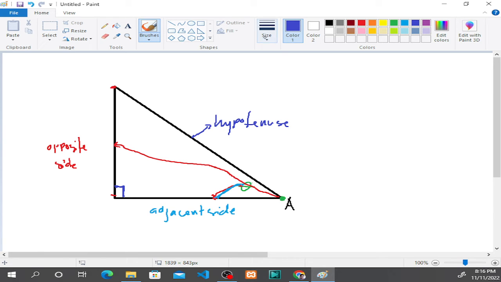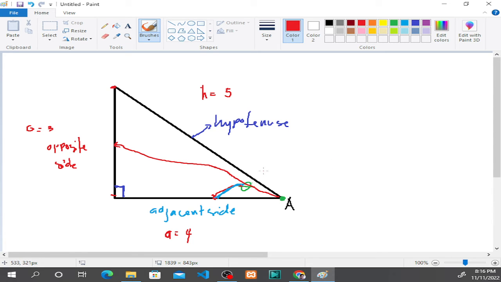So now I'm going to write the three trigonometric functions, sine, cos, and tan, with the proper values. Let's use the values that we had a while back. Let's say this is the hypotenuse, let's name it h, and that's 5. The adjacent side, a, is 4. And the opposite side, o, is 3.